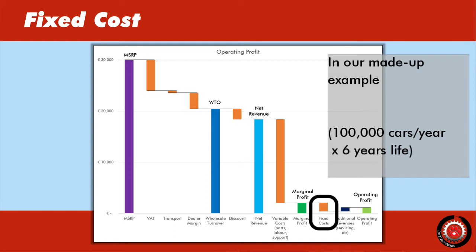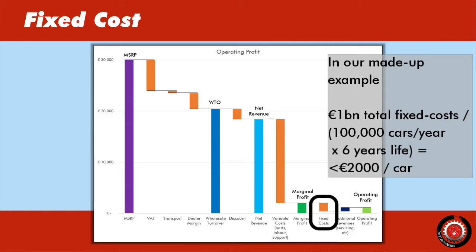So selling more products or more services, you're effectively reducing the amount of that fixed cost per car or per product, per service. Because it's huge numbers, millions, but distributed across hundreds of thousands, the number doesn't look so big when you look at it on a per unit basis.